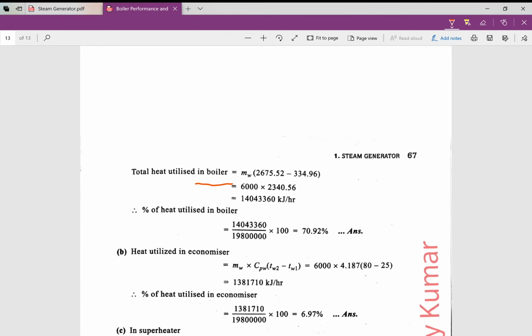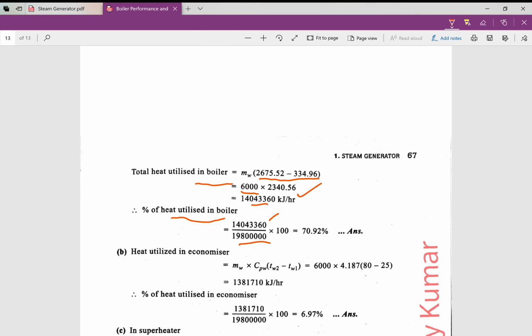The mass of water supplied is 6000 and that difference is this one. So it comes out in kilojoule per hour. If it is asked to calculate percentage of heat utilized in the boiler, then this value is divided by input energy, that is MF into calorific value.